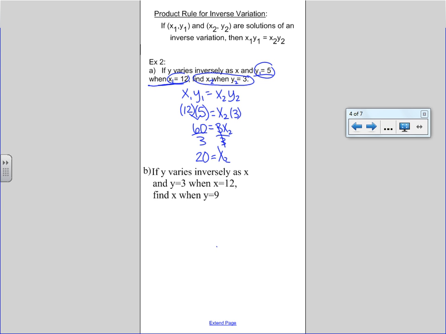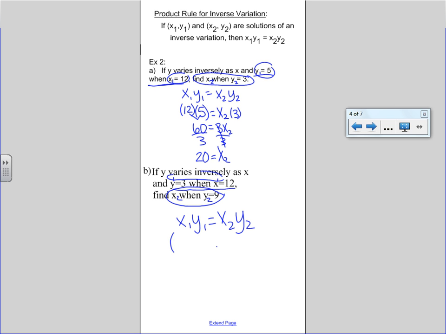Okay, on B it says if y varies inversely as x and y equals 3 when x equals 12, find x when y is 9. So I have my x1, y1, and x2, y2, and I only put these up above here because I didn't have room. So my x1 y1 has to equal my x2 y2 again.